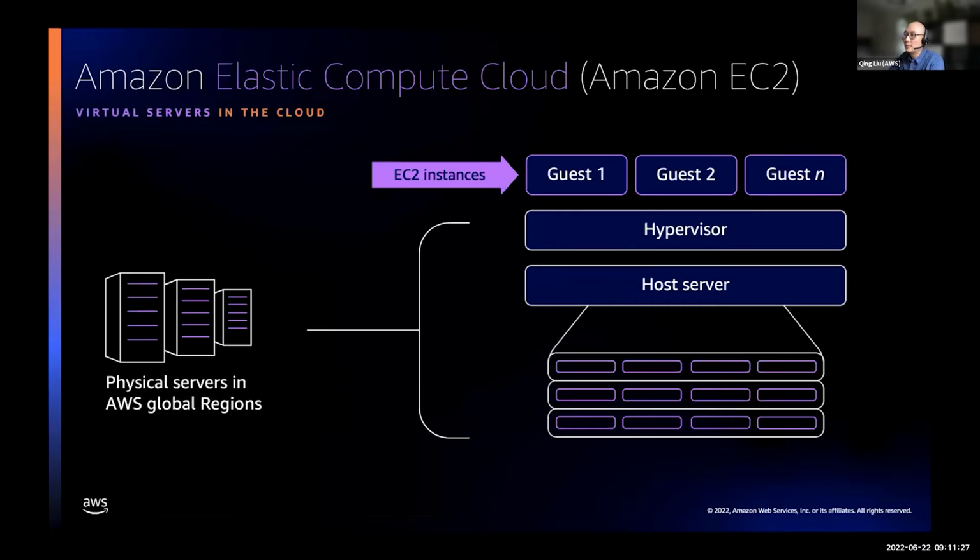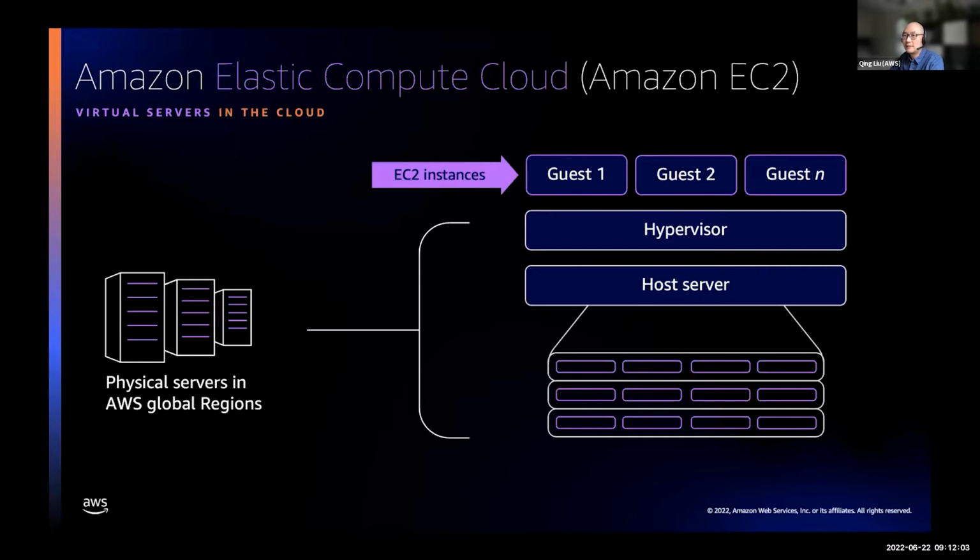For people who may be newer to cloud computing or AWS, EC2 stands for Elastic Compute Cloud. You can think of them as virtual servers hosted in the cloud. And in AWS, we have data centers across the globe where we call regions. In each region, we have multiple availability zones, and an availability zone is made up of one or more data centers.